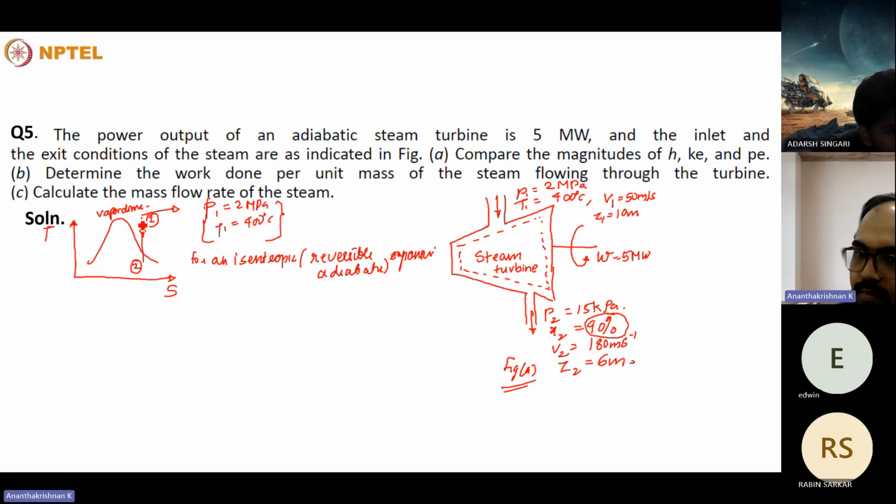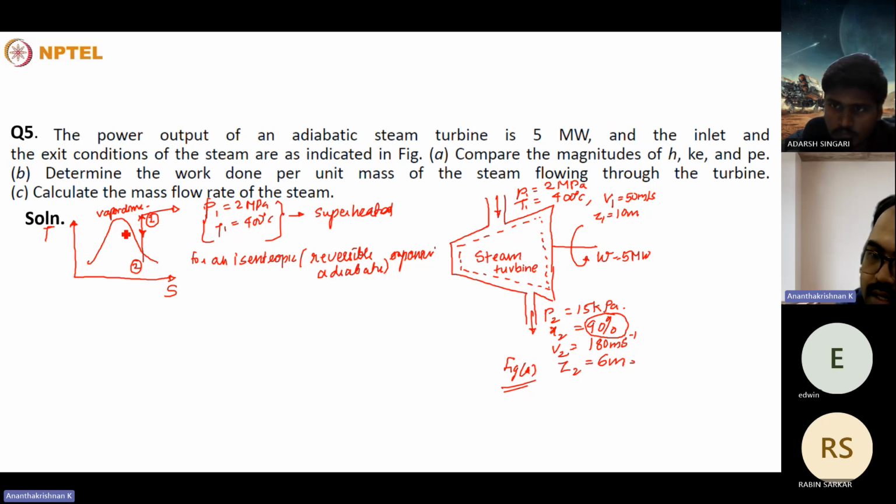And this state point 1 can be denoted as a superheated condition where the incoming steam will be only in a state where only vapor will be there, and this vapor will be at a temperature very much higher than that of the saturation temperature at the constant pressure.